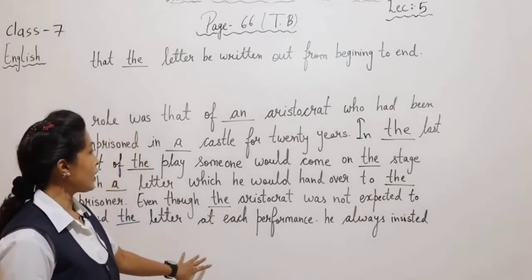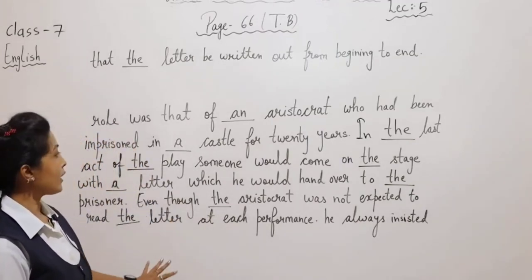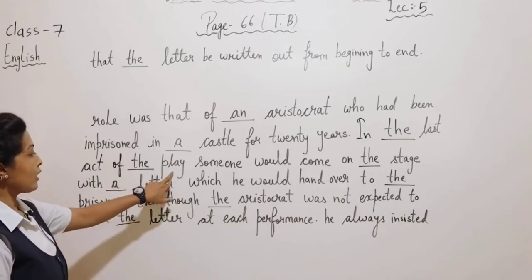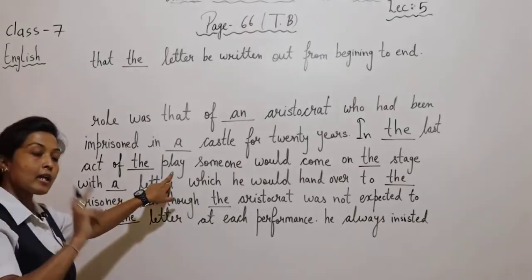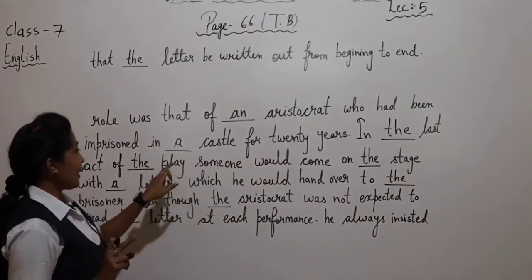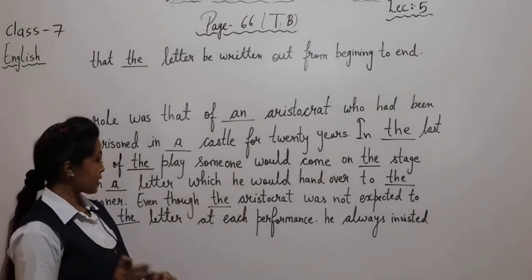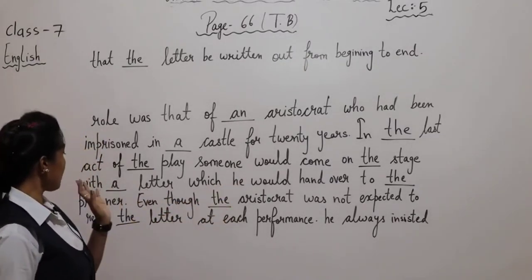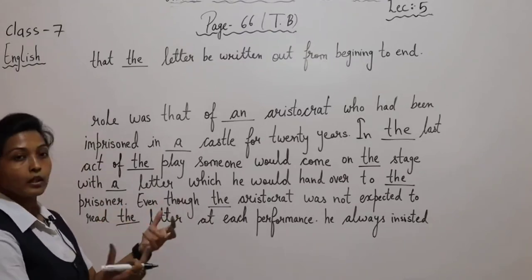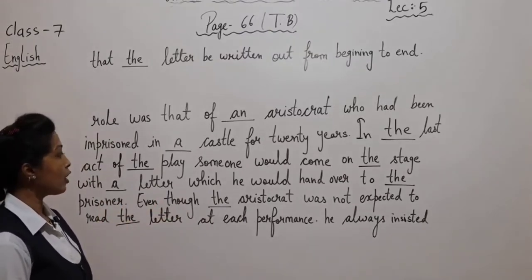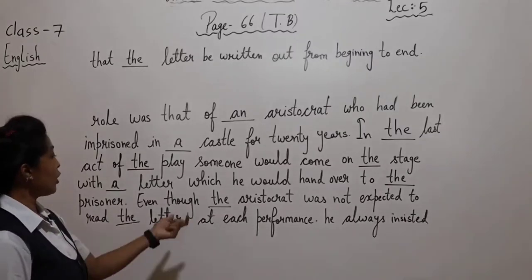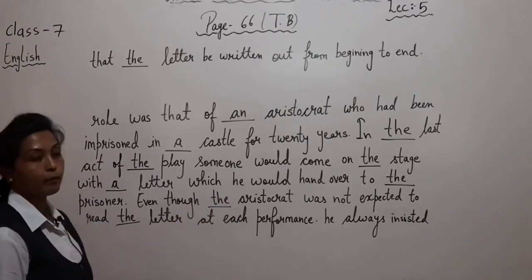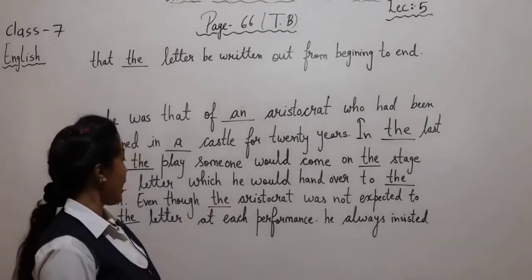Now in the play we can clearly get an idea that in the last act of the play, someone would come on the stage with a letter which he would hand over to the prisoner. So someone comes to the stage and hands a letter to the prisoner, even though the aristocrat was not expected to read, means he is not expected to read the letter.